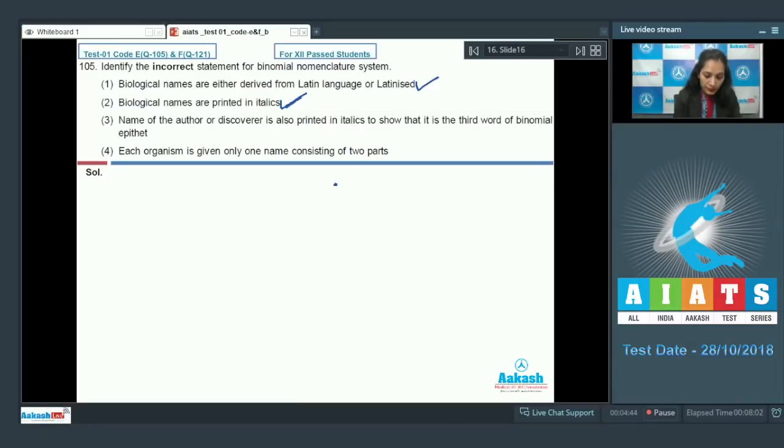First is the specific epithet of the species, second is the generic name of the species, and third is the author citation.